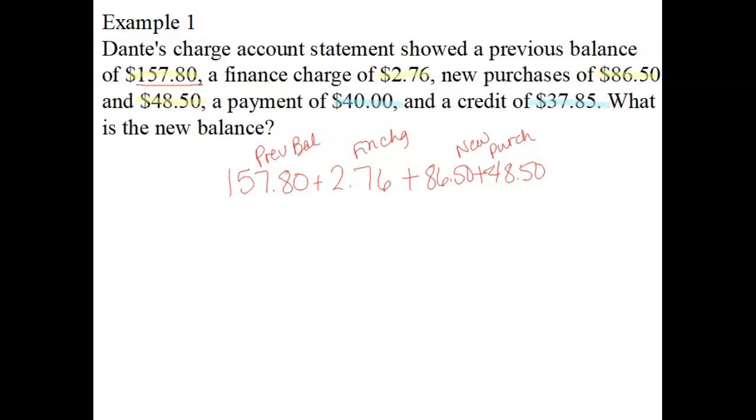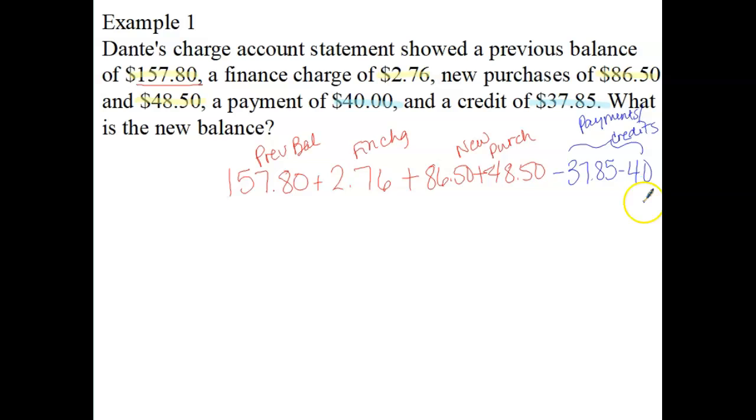And we're going to subtract out any payments or credits. So we're going to subtract out $37.85, and we're going to subtract out $40 because these are payments or credits. Okay, so basically all we have to do is just add these four together and then subtract out these two.